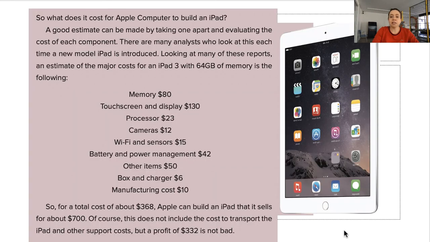Here we have an example for an iPad. These are the components of an iPad: memory, touchscreen and display, processor, cameras, Wi-Fi and sensors, battery and power management, other items, box and charger, etc. And to be able to produce an iPad, MRP determines the amount of these components and the exact time to produce or order these components.